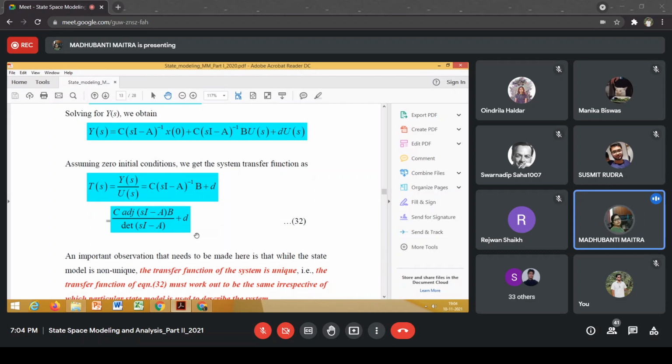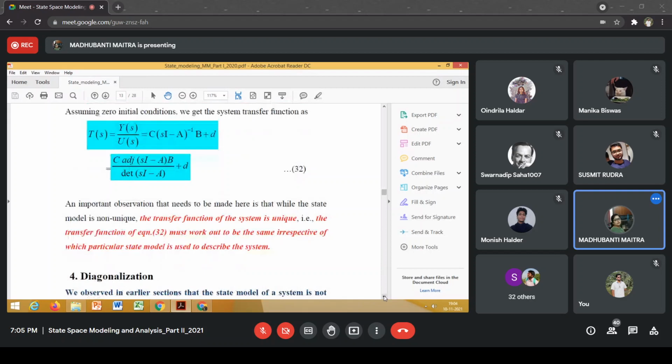Or in other words, if we solve that particular equation, then we'll get n number of closed loop poles of the system. Have you understood this?